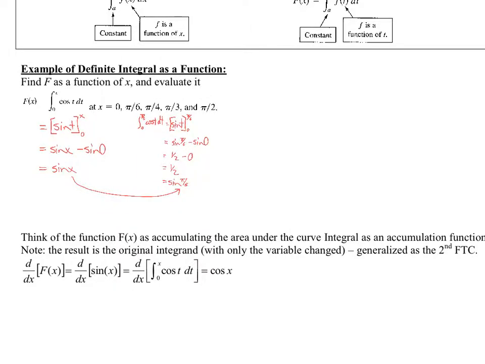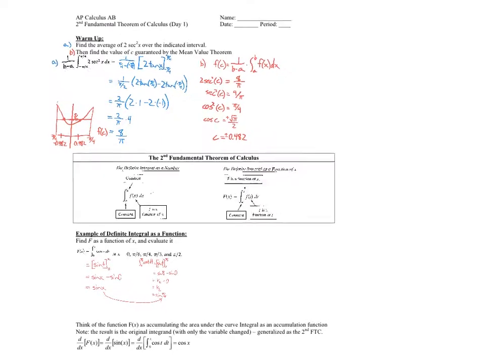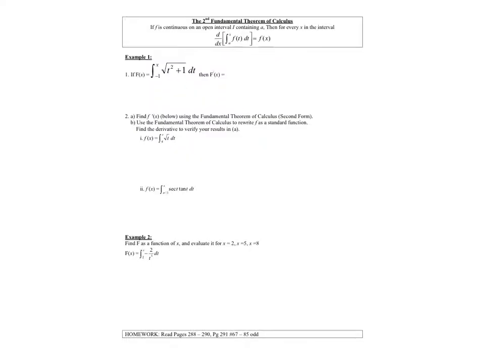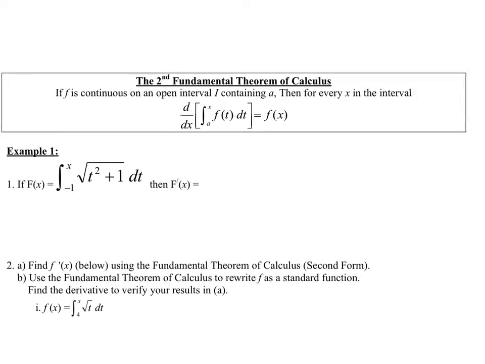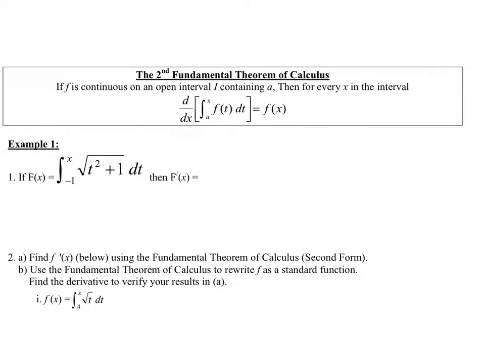And that is what we then summarize here with the second fundamental theorem of calculus. If f is continuous on an open interval I containing a, so that lower bound has to be on an interval where this is continuous, then for every x in the interval, the derivative of the integral from a to x of f of t dt is simply going to equal f of x.